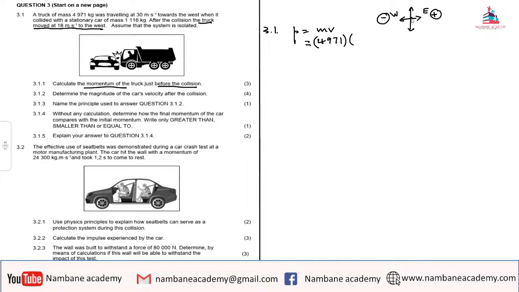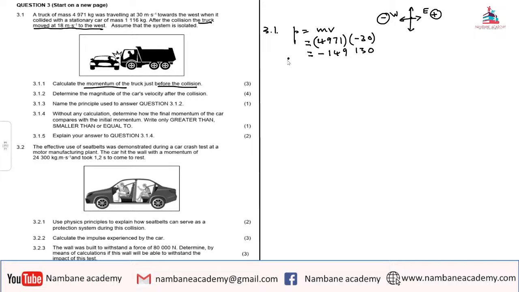Because I chose to say anything moving towards the west must be negative. So I substitute my negative 30, and I get the negative answer, which is 149130. But you get penalized for leaving a negative answer, because a negative answer needs to be interpreted in terms of the choice of direction.